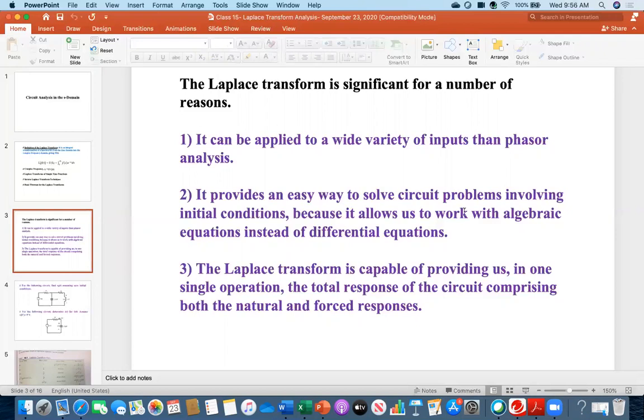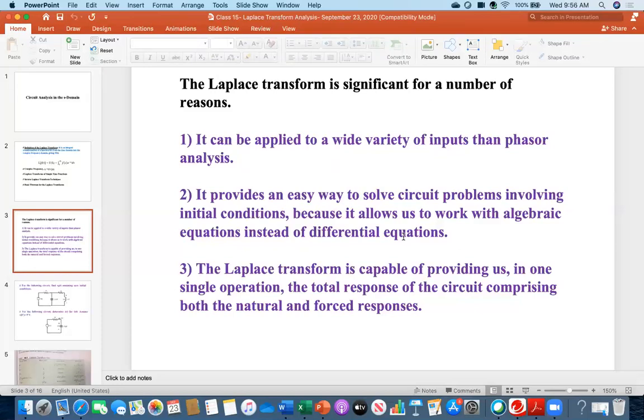But in this chapter, if you apply the Laplace transform, you don't need to worry about those points. Laplace will include those initial conditions. It is easy, and you can solve everything just using algebraic equations. You don't need to think about any differential equation, like dv by dt, or L di by dt, or C dv by dt.